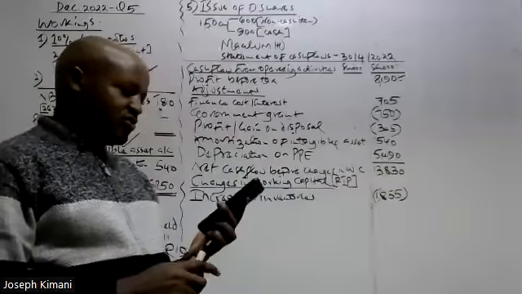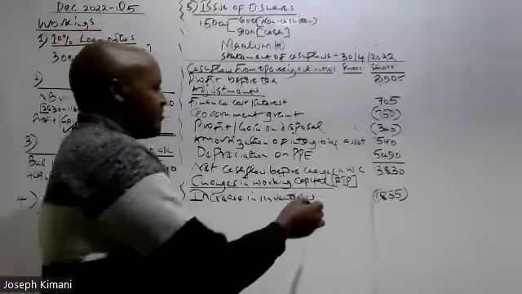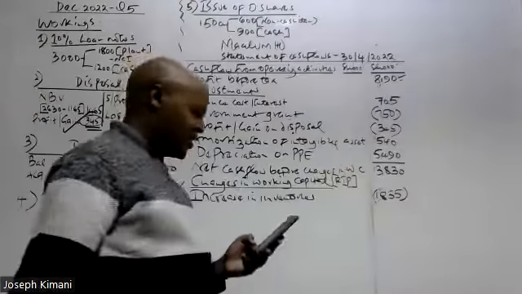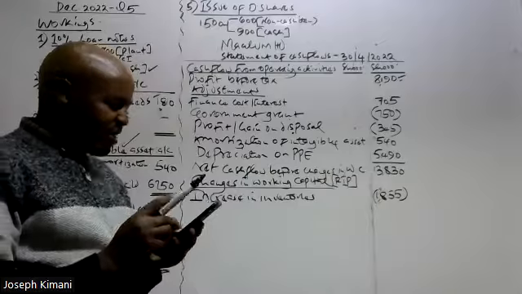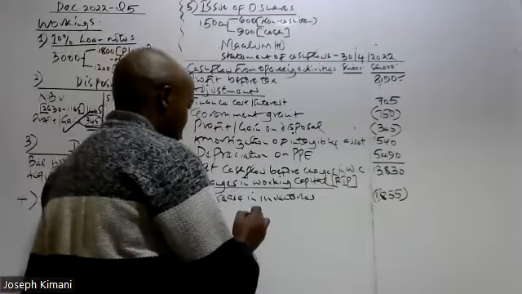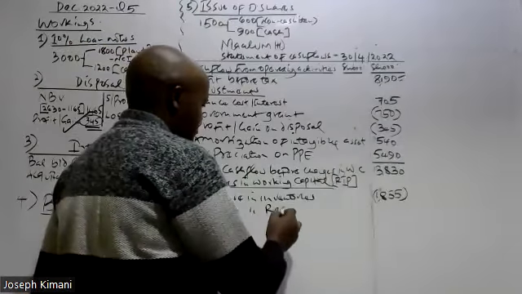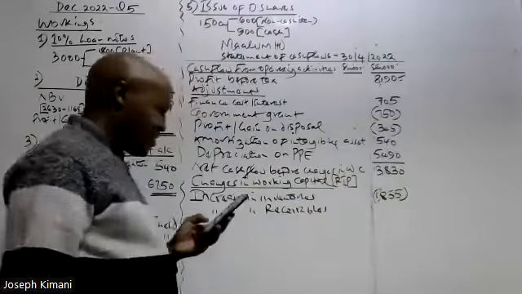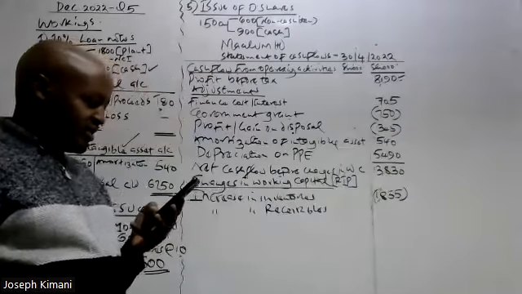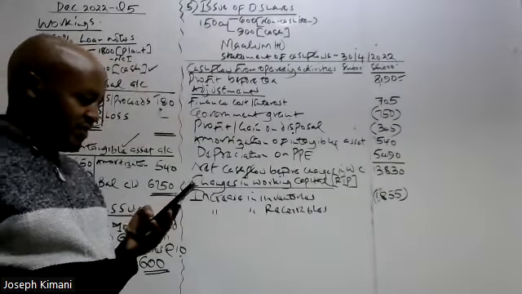So can we go to the other item of working capital? We have considered inventory. We then consider receivables. For receivables, we also have an increase. So the receivables increased by how much? From 780 to 9,230.